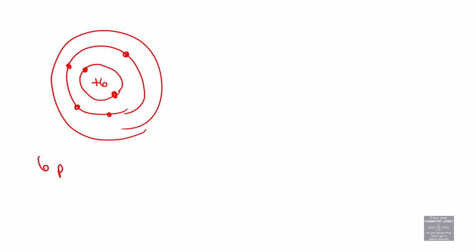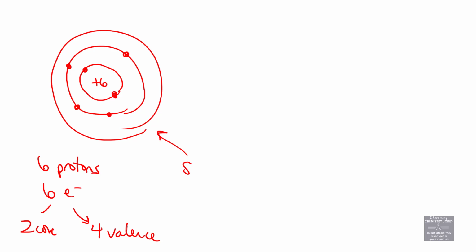So 6 protons, 6 electrons, and that's 2 core, and 4 valence. So this we have called our shell model. This is a full shell model.